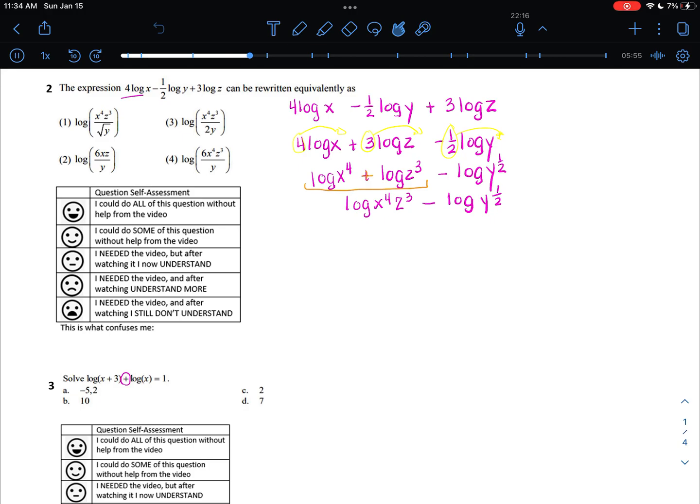Another way that I could say y to the 1/2 is the square root of y. So this can be rewritten as the square root of y.